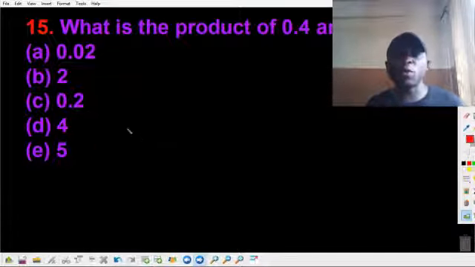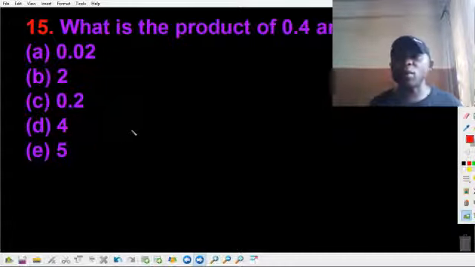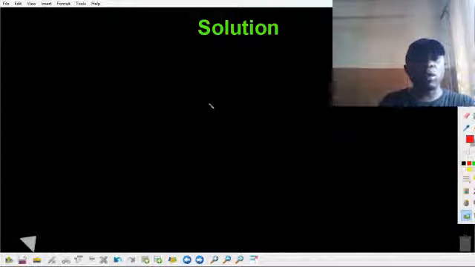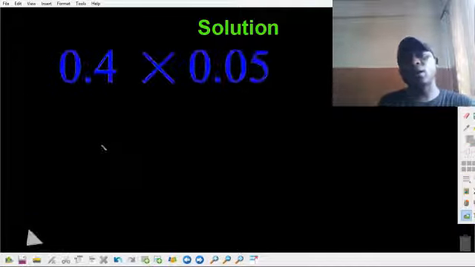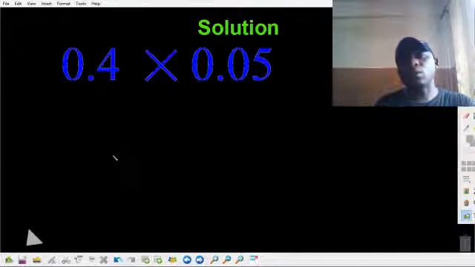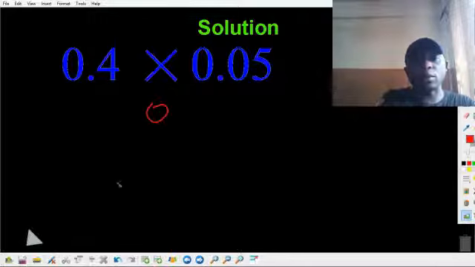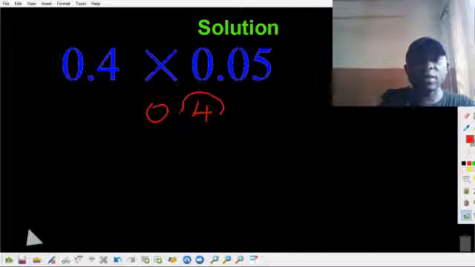Now let's proceed to number 15. What is the product of 0.4 and 0.05? Remember earlier I said what we need to do whenever we want to multiply decimal fractions. First thing we need to do is to convert these numbers. Here we have one decimal place, so we count one decimal place. The denominator will be 1 followed by 0.